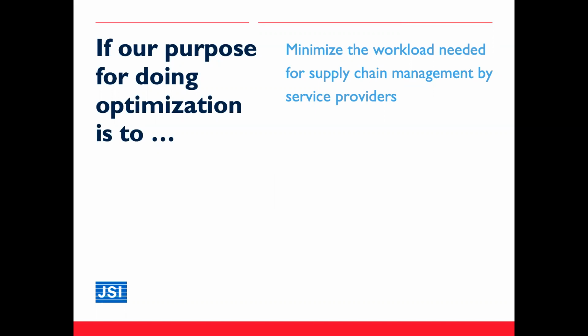In this situation, we want to reduce the workload of the service delivery providers so that they spend less time on supply chain tasks and spend more time with their clients and without working longer hours each day. If that is our defined purpose for doing optimization, then our optimization might include changing from a pull system to a push system.